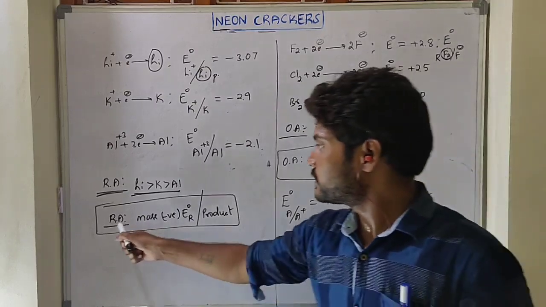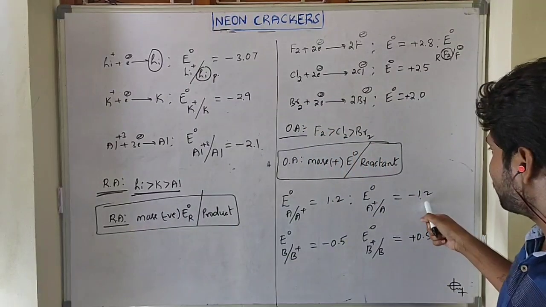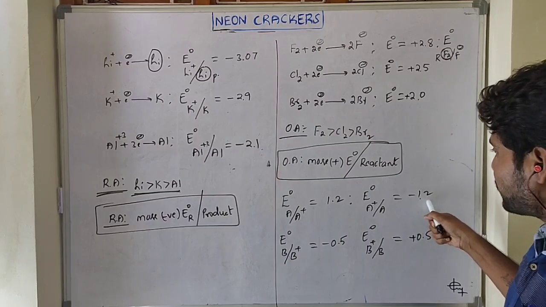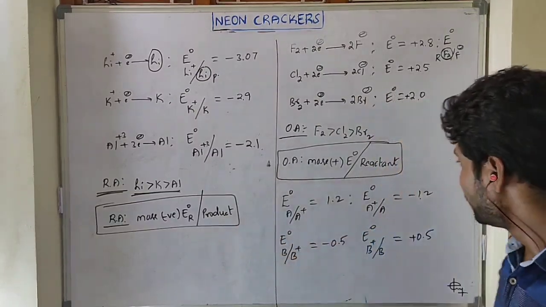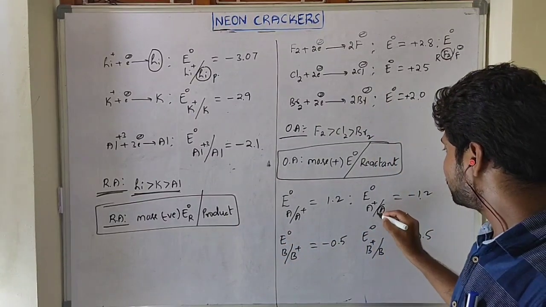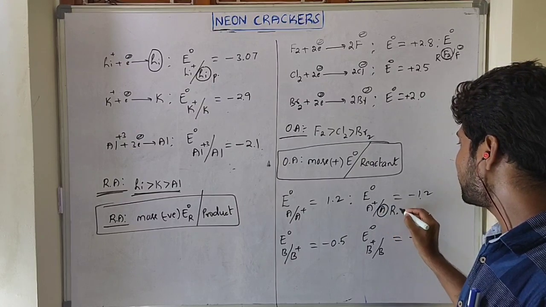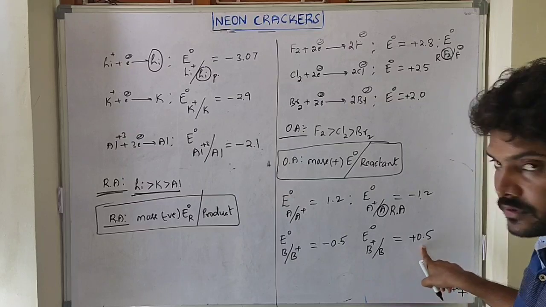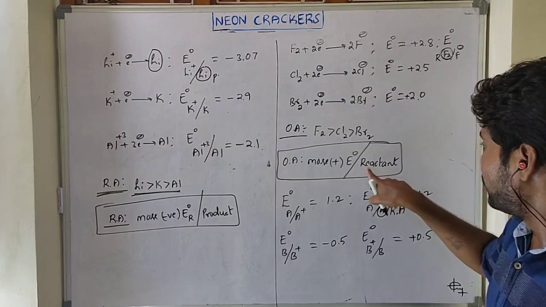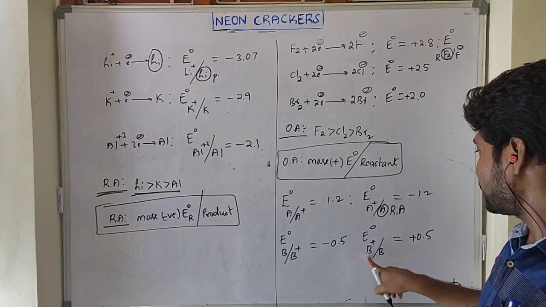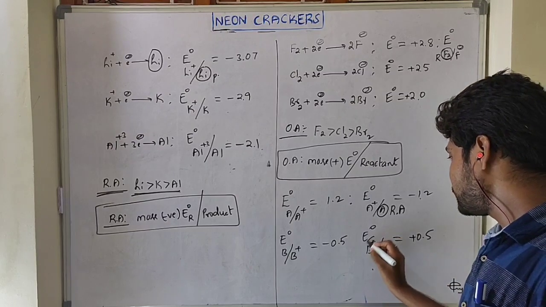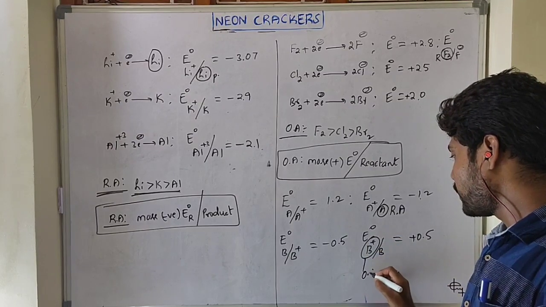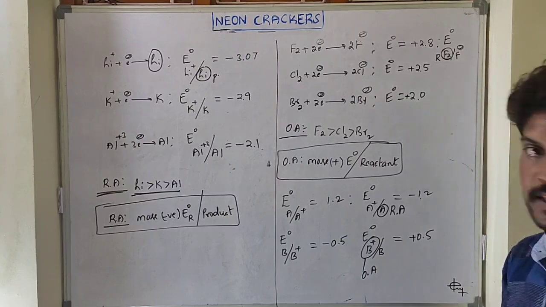Now, for the reducing agent, take the more negative value, which is minus 1.2, on the reactant or product side? Product. So A is the reducing agent. Next, the oxidizing agent is the more positive value. Of course this is the only positive value, and it is on the reactant side. Which is the reactant? B plus, and this B plus is the stronger oxidizing agent.